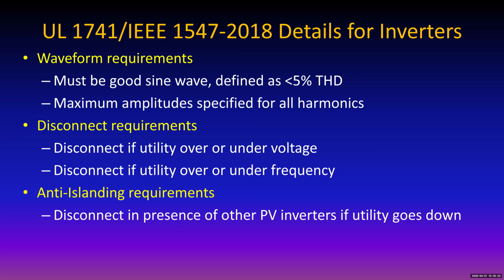Anti-islanding requirements mean your inverter has to shut down even if other PV inverters are still going. Inverters have to know the difference between an inverter and the utility. One might think that's really complicated, but in fact it isn't, because inverters operate as current sources rather than voltage sources, unless they are operating under emergency situations where they automatically switch to become a voltage source.